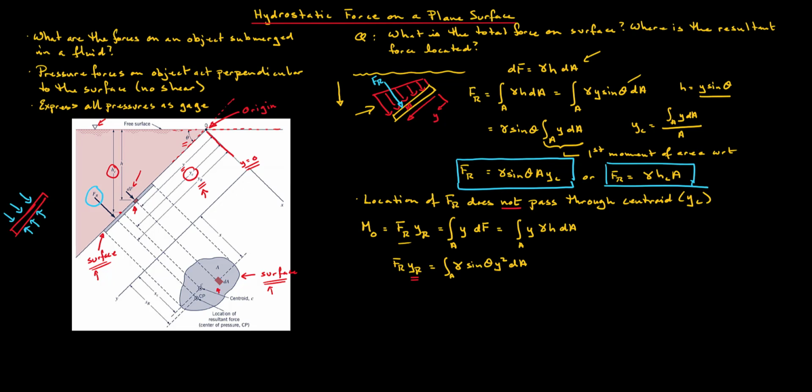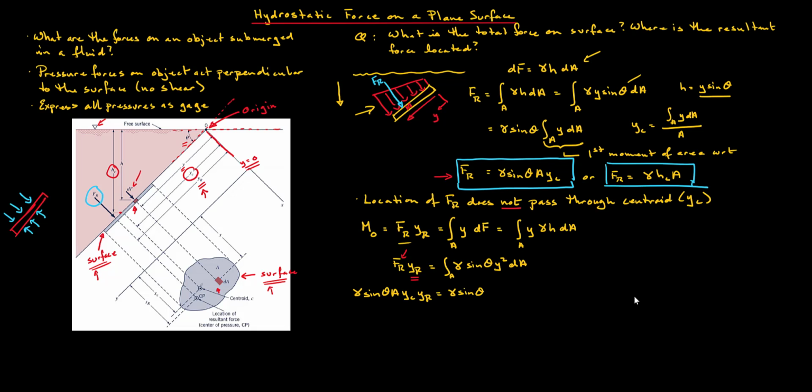Now what we can do is substitute what we know about FR. So we found FR to be equal to gamma sine of theta multiplied by the area multiplied by yc. So let's substitute this in. We have gamma sine of theta A yc multiplied by yR. And this will be equal to, so gamma, we are assuming, is not changing over the area.